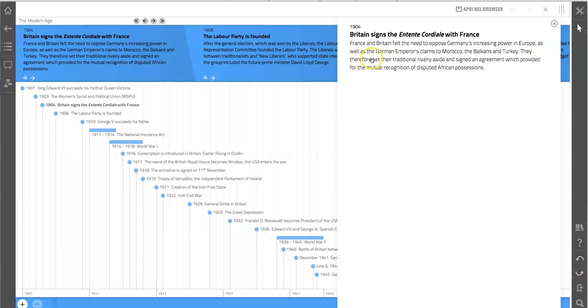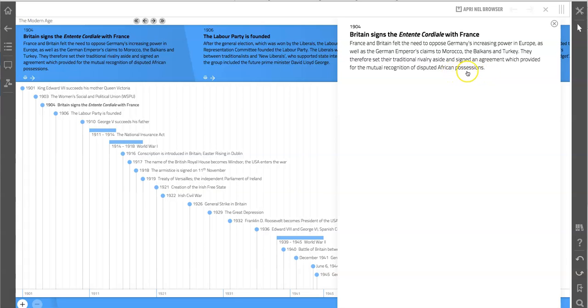And at the same time, the German emperor's claims to conquer Morocco and the Balkans and Turkey. They therefore set their traditional rivalry aside, France and Britain, and they decided to sign an agreement which provided for the mutual recognition of disputed African possessions.